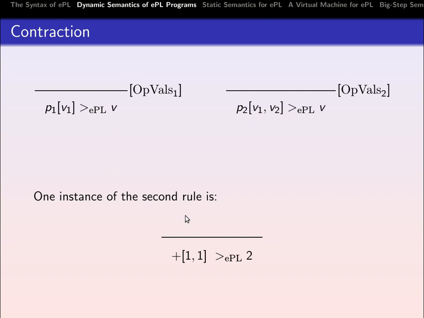Actually, it's not an operator. I'm talking about this symbol here. Think of it as sort of an arrow indexed by EPL, and we're going to call it evaluates. Evaluates in one step. So whatever is on the left evaluates to whatever is on the right.